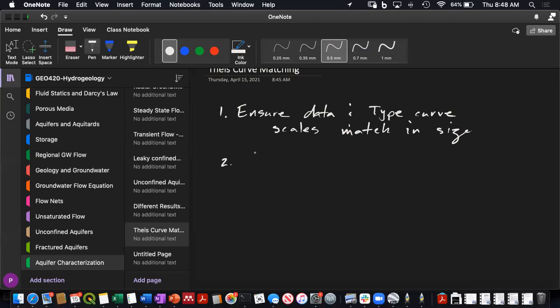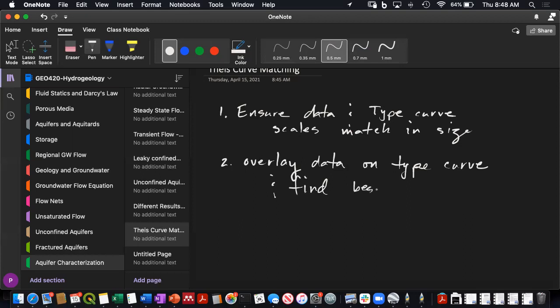So overlay data on type curve and find best fit. All right, so we move the data around until it fits that type curve the best that we can fit it.